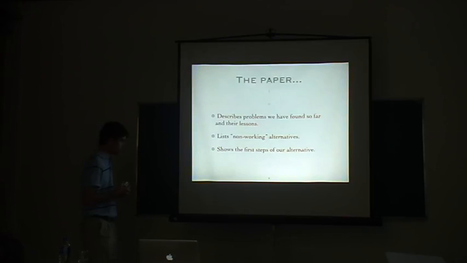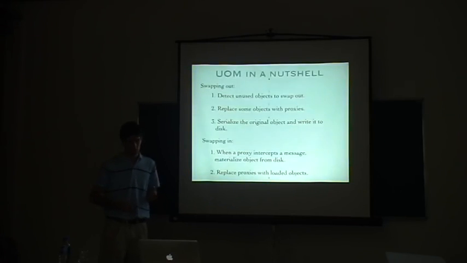The second one is that we show non-working solutions, because one may think, but you have this problem, why don't you do this? No, it's not that easy. So for some of the problems that we show, we also explain why the obvious solutions do not work. And finally, we show our first steps in our possible future solution that I will show you at the end.